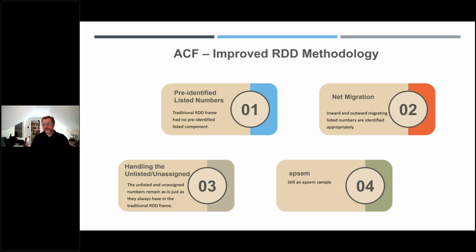The other component of the frame would be the unlisteds and the unassigned. They're still defined the same way that we've always defined them, by the rate center geography, and they would be the other component within the RDD frame. Again, every number is represented in the frame, and you still have near perfect coverage.